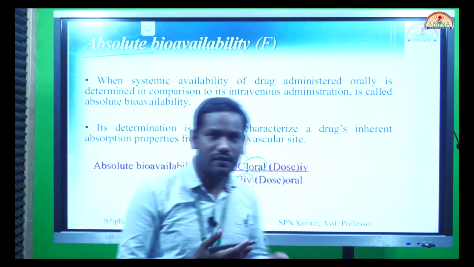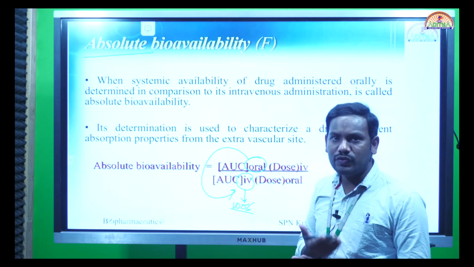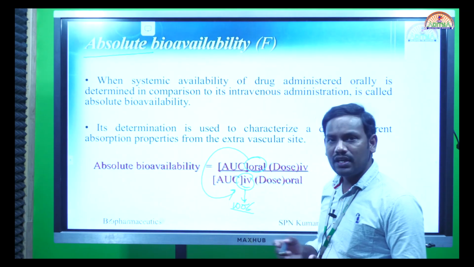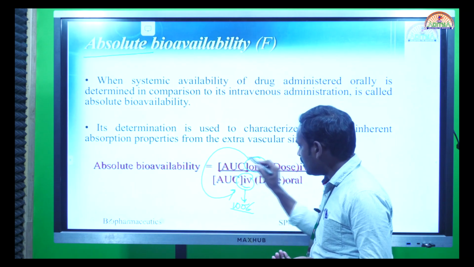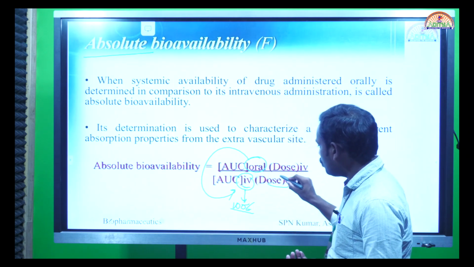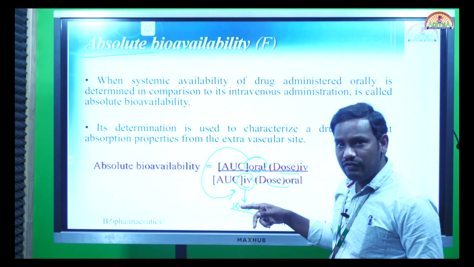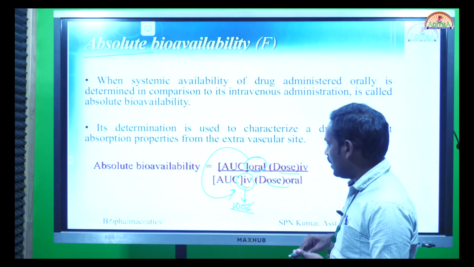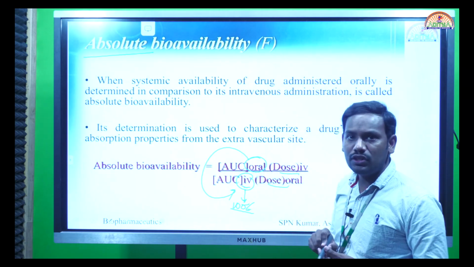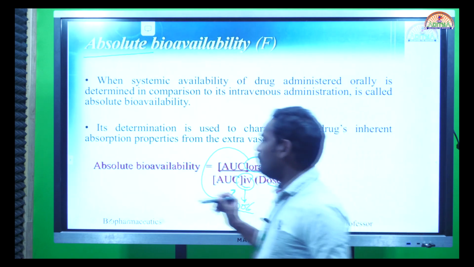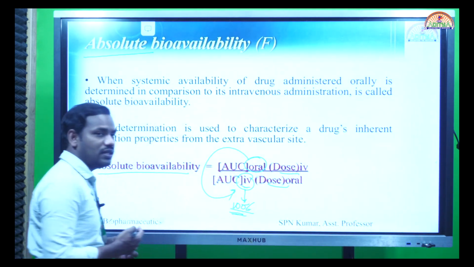We are comparing our AUC with respect to this 100% AUC in systemic circulation, which is achieved by intravenous drugs, and we are also correlating this AUC with dose values of the same IV and oral, but this time, since it is a division, we have to give it in a crisscross manner. So if AUC takes oral in the numerator, dose will take IV in the numerator. So this will give you an absolute bioavailability because we are comparing it to 100% circulation.